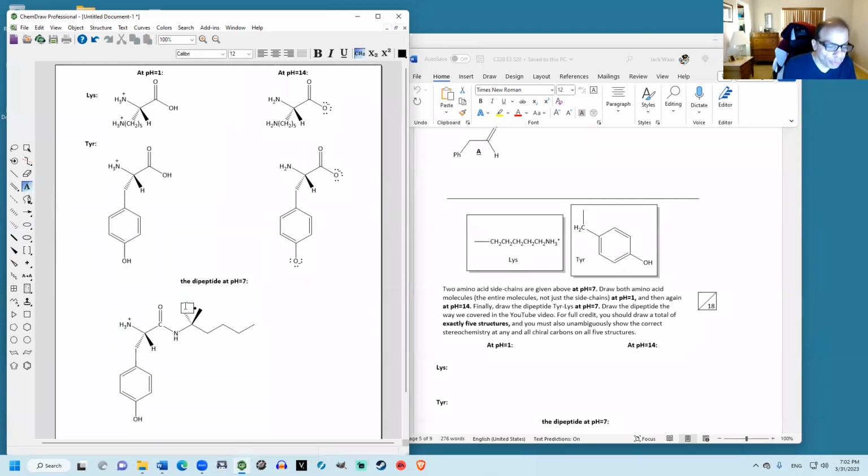So now the H is going to be back on the side chain on the wedge bond. And as I recall, it was 5 CH2s and NH3 plus. And then we come to the carboxylate terminal.